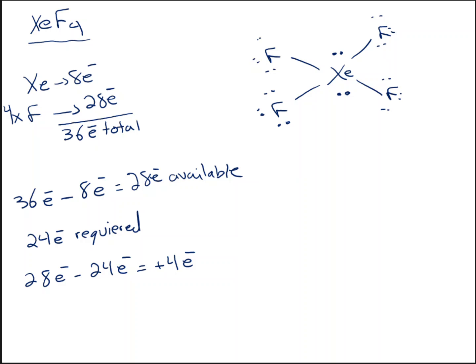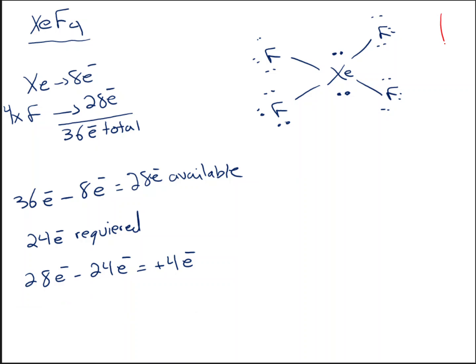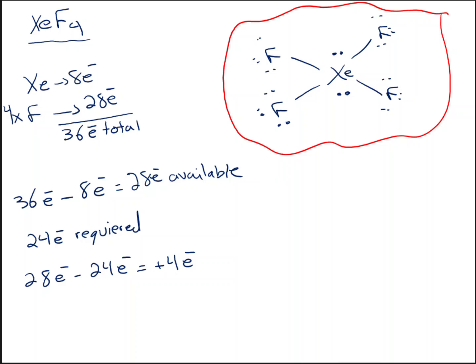Each fluorine is octet. Xenon has exceeded octet, but it's okay. Xenon is in period 5, so it can exceed octet. And we have used 36 electrons total. So this is the Lewis structure of xenon tetrafluoride.